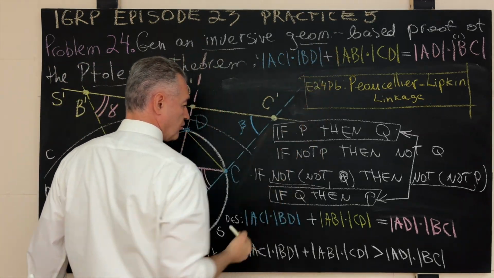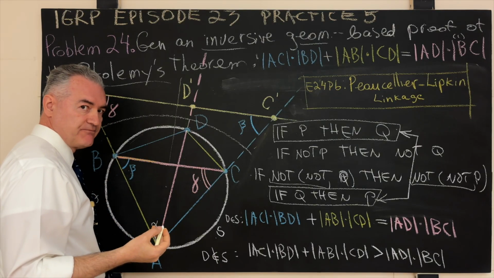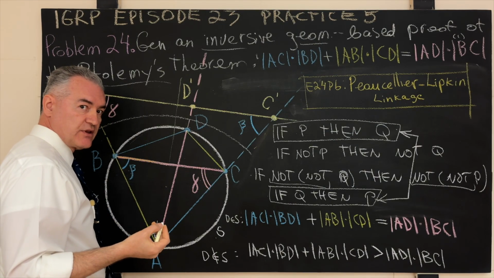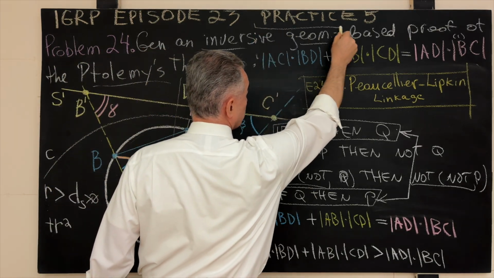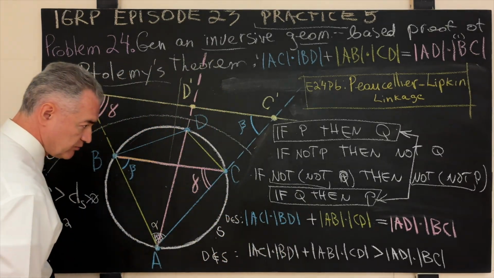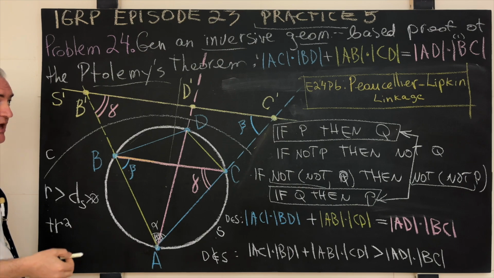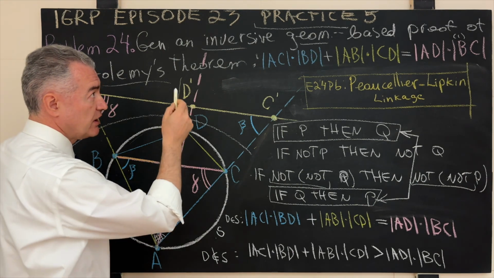This is the point of these exercises. You look at certain problems, and at first blush, they seem to have nothing to do with inversive geometry, but precisely in this part of the course, we practice applying newly learned material to the process of solving problems and generating proofs. Now, this is it, like I said, for problem 24, and for practice number 5.